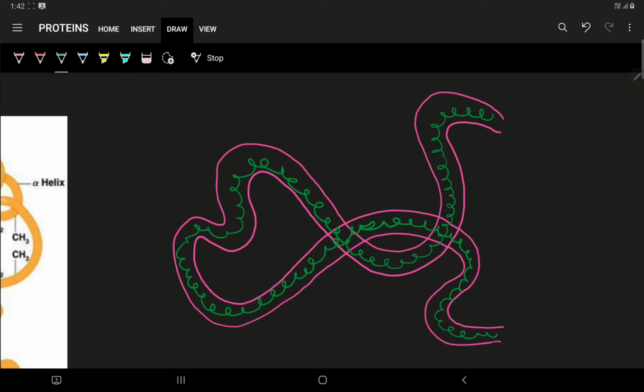Now what are the various forces of interaction that come into play? First of all, we will be representing the ionic bonds here. See, the ionic bonds, or sometimes also referred to as salt bridges.